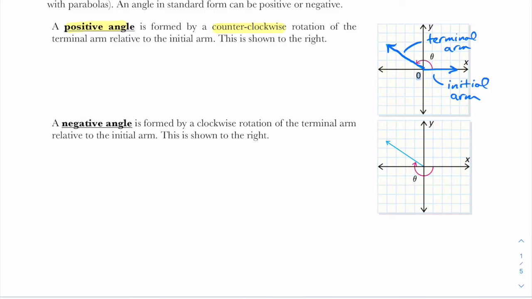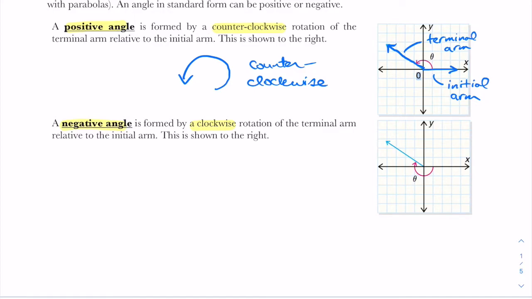So just to remind you, counterclockwise is this way. In a similar way, a negative angle is defined when we rotate the terminal arm clockwise relative to the initial arm. You can see this in the picture to the right.